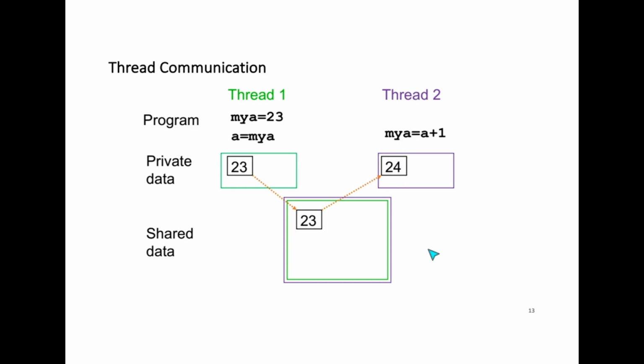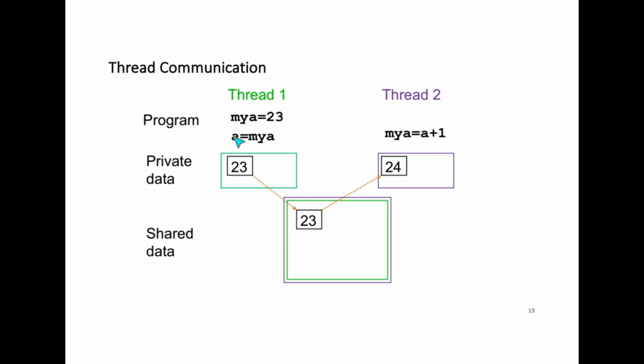So this really just lets us see how thread communication happens, and also makes this distinction between shared and private data. myA is a private variable. Each thread has its own copy of myA, and those copies can contain different values.